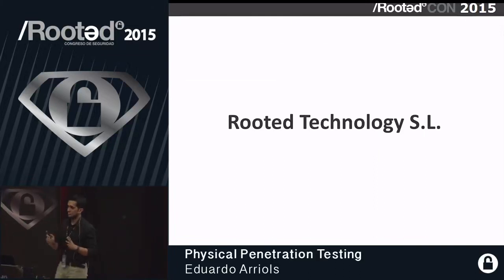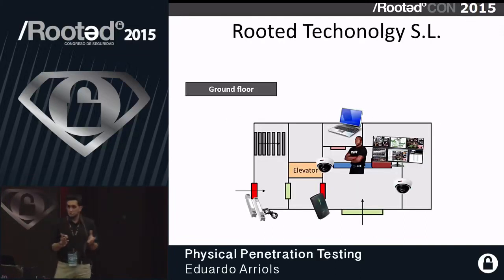So this is our plan. Oh, sorry, our floor plan. Okay. So this would be the ground floor. So this is the entry. So we have a first chamber, another chamber, this nice guy, kind of a bouncer.